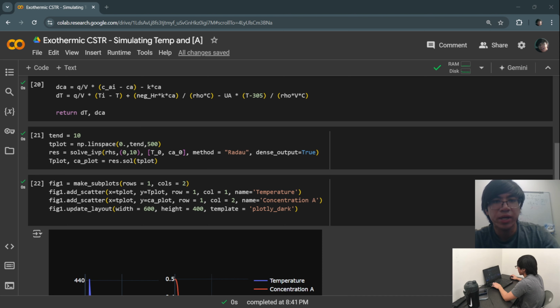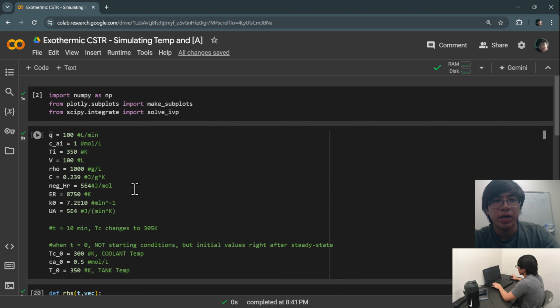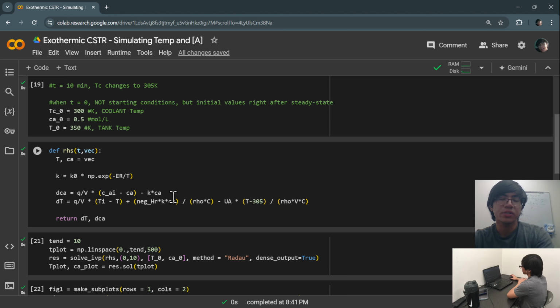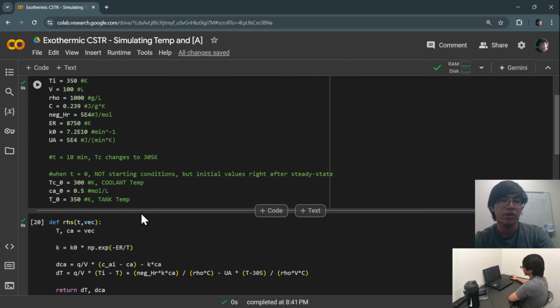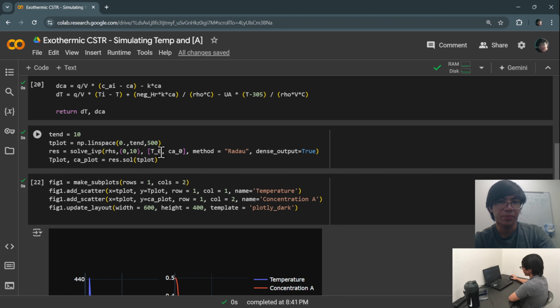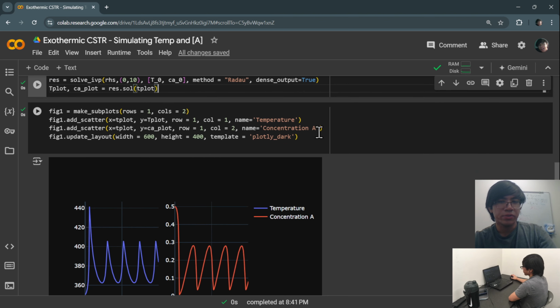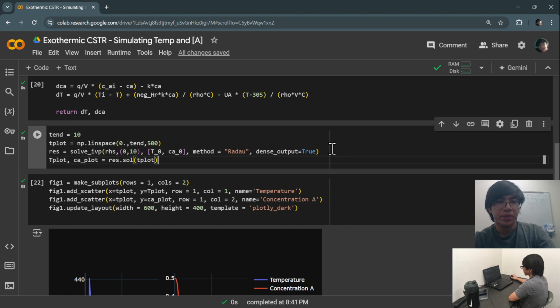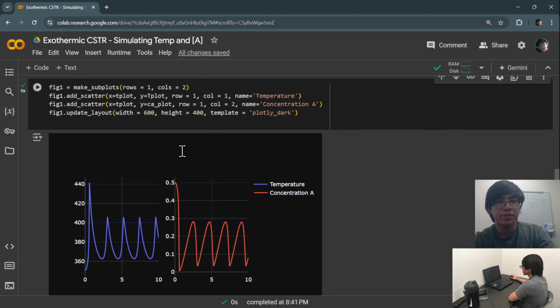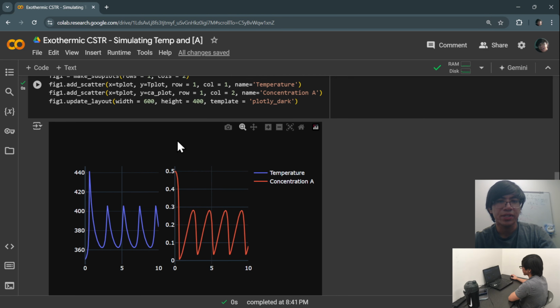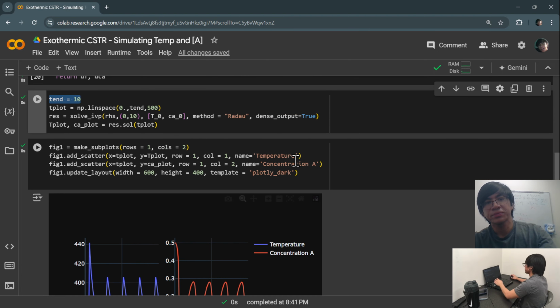Going forward, we had our plotting. Again, very basic, just solving for the right-hand side using solve IVP, and calling the solution with the function for our solutions at our given times for 10 minutes, and found this nice, funny, oscillating graph. All right, so that was all for this problem.